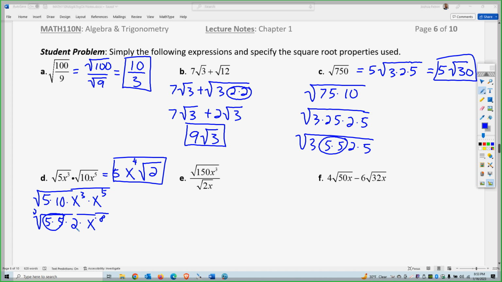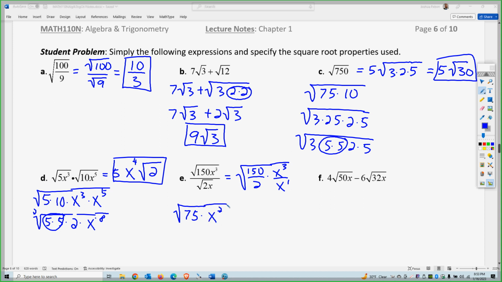Okay, square root of 2 is not going to be possible to give us a nice answer because it's a decimal. So we're going to use the quotient rule in this case. So the square root of 150 over 2, and then x to the 3 over x to the 1. Half of 150 is 75, and then x^3 over x is x^2.